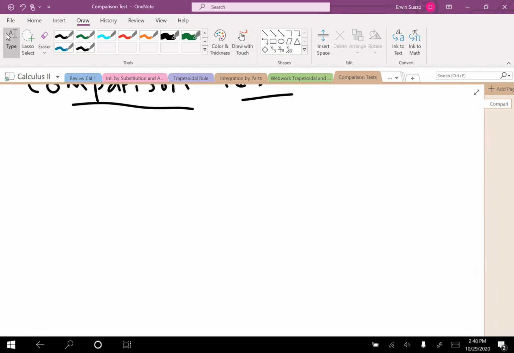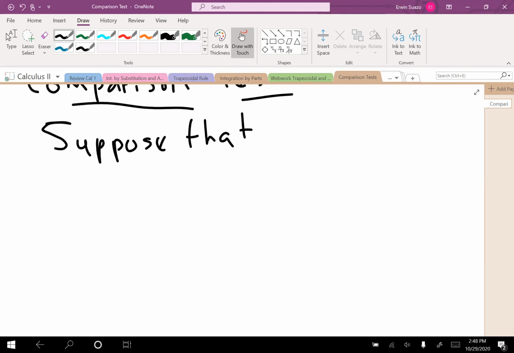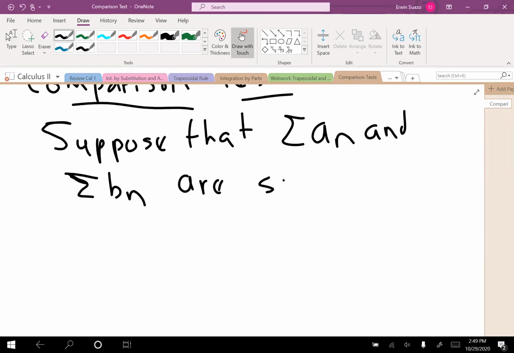The comparison test says, suppose that the sum of a sub n and the sum of b sub n are series with positive terms.